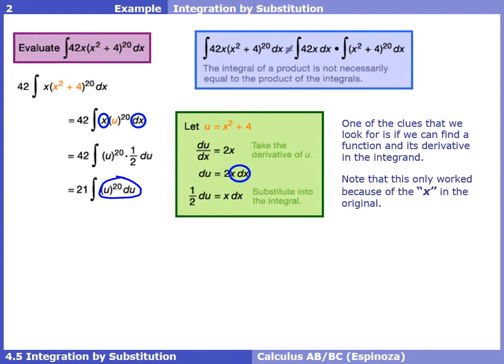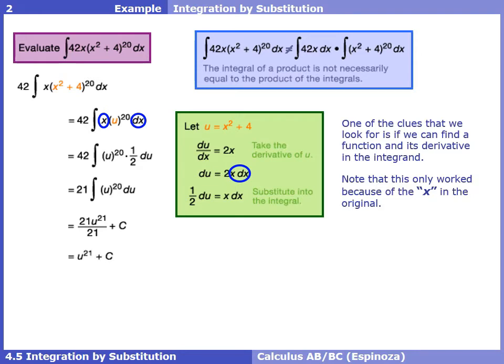We have a plain letter to a power. It doesn't even matter that it's an x or not. We have a letter to a power, and we're integrating that with respect to that same letter. So we have u to the 20th. All we need to do is add 1 to the power and divide by that number. And then don't forget that plus c.